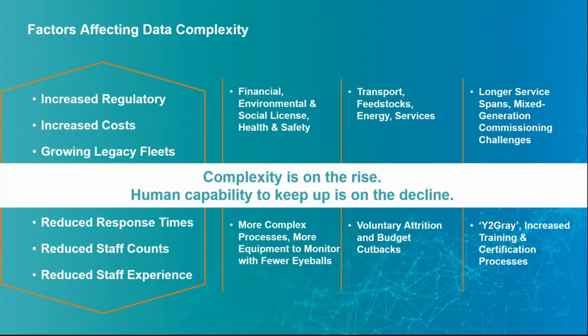There are some factors that might affect the challenges in data complexity. For instance, increased regulations, increased costs, reduced response times, reduced staff counts, reduced staff experience. I will not go through all of this because I believe the main message is clear. Complexity is on the rise. Human capability to keep up is on the decline.